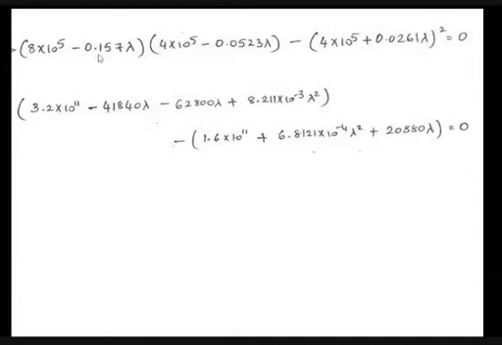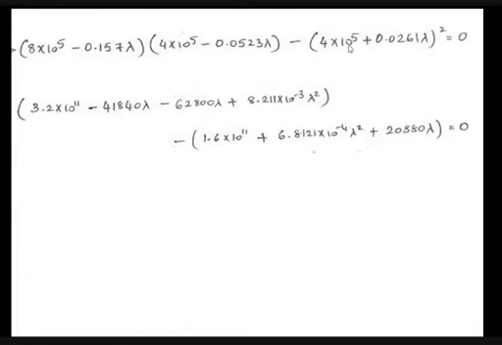Minus 0.157 lambda into 4 into 10 to the power of 5, I'll be getting 62800 lambda. Now 0.157 into 0.0523 lambda, I'll be getting 8.211 into 10 to the power of minus 3 lambda square.